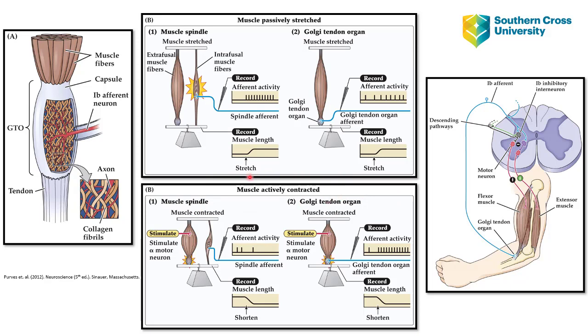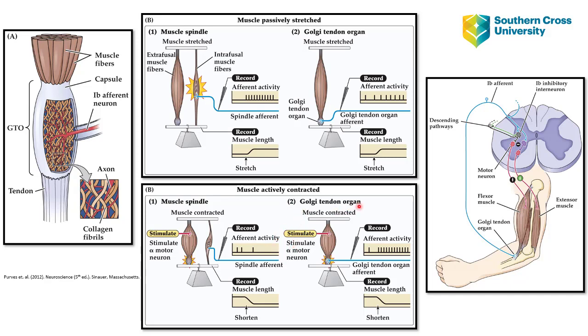So then what about when we have active muscle contraction? A muscle is actively contracting, and in particular it's contracting and shortening. Well, because we have a shortening muscle that's contracting, muscle spindles are going to largely turn off. They only fire when there's length change, if they're going to be stretched.